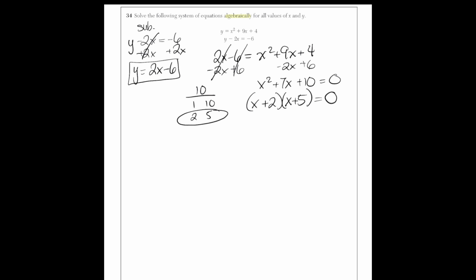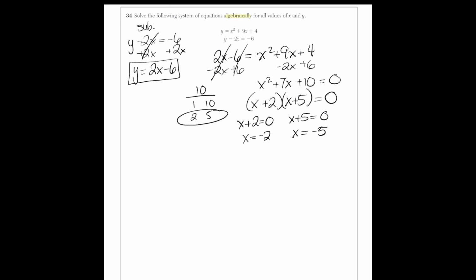So with this, now I can solve for x. x plus 2 is equal to 0, and x plus 5 is equal to 0. So x here is equal to -2, and x here is equal to -5. With this, I can find my y values.